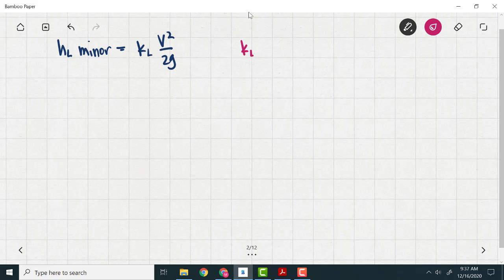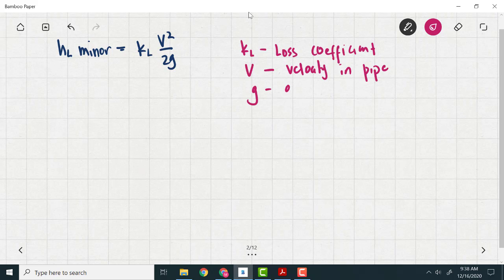So KL is the loss coefficient. Okay, and then we have V. V is the average velocity. Okay, average velocity in pipe. Okay, and then G is the gravity acceleration.